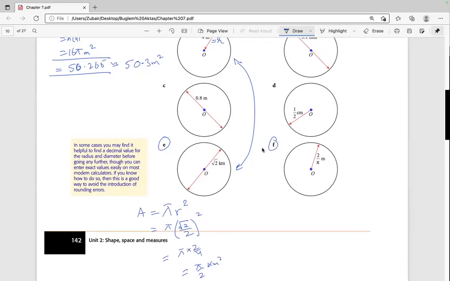Try F part. 4 over pi squared times pi. That's right, 4 over pi squared times pi. So we get rid of one of these and it is 4 over pi.